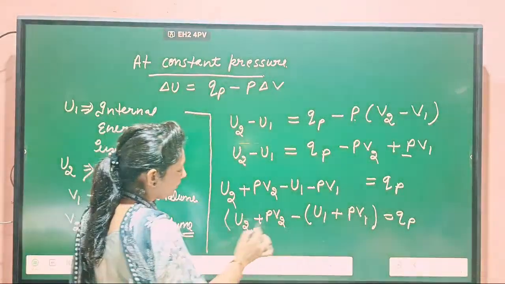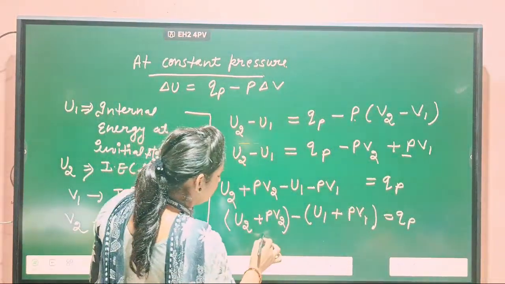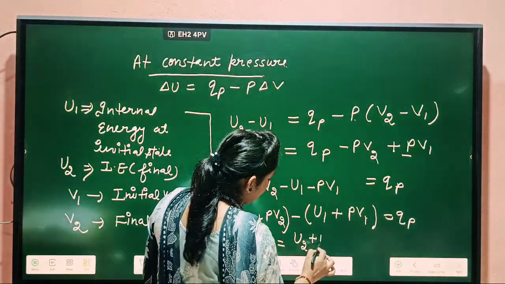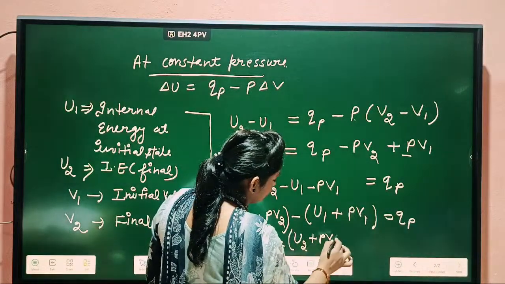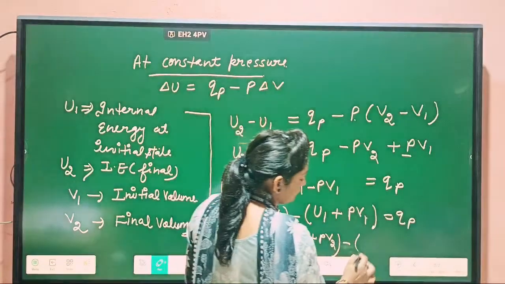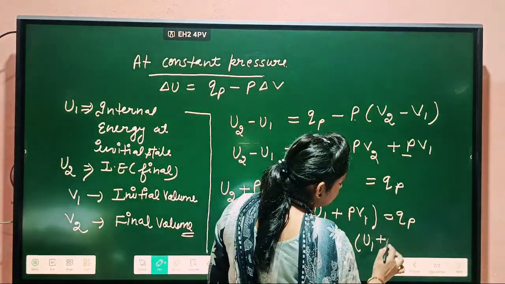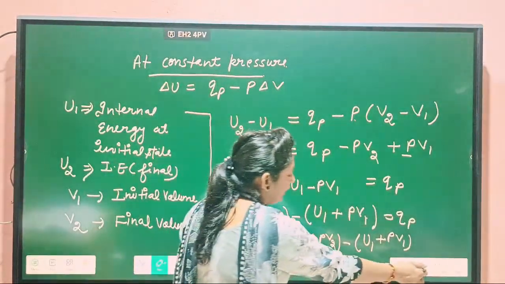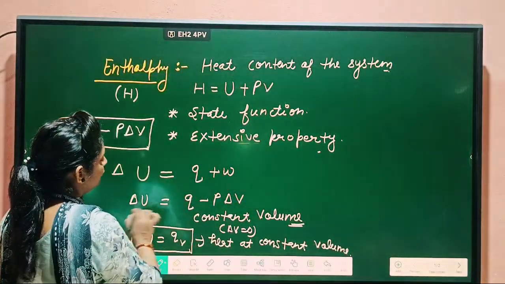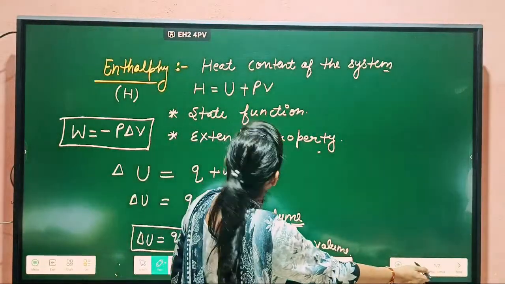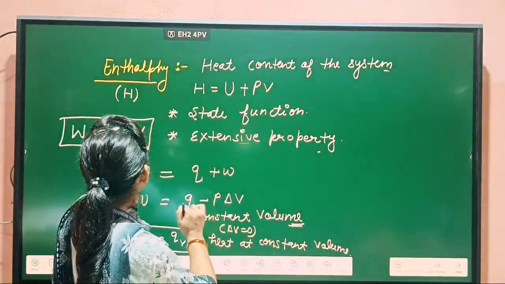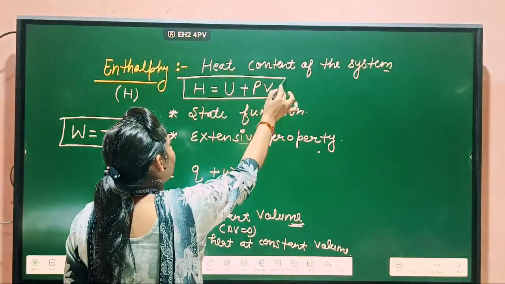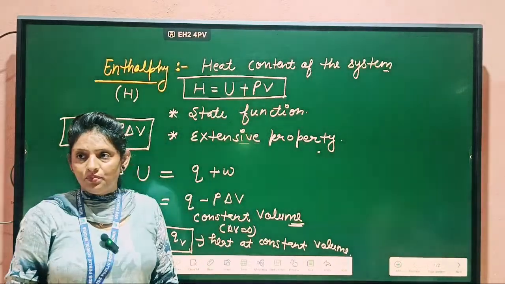Okay, so QP is equal to U2 plus PV2 minus U1 plus PV1. Students, I already told you what enthalpy is. Enthalpy is U plus PV.